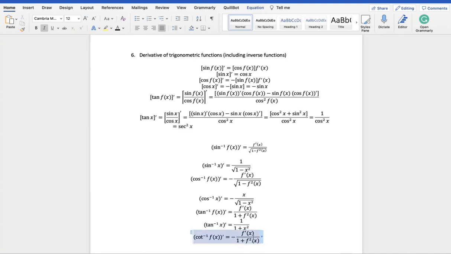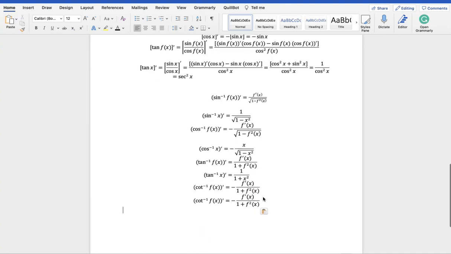And if you're looking at the special case where again f of x is equal to x, then you have cot inverse of x is just equal to minus the derivative of x, which is 1, divided by 1 plus x squared.